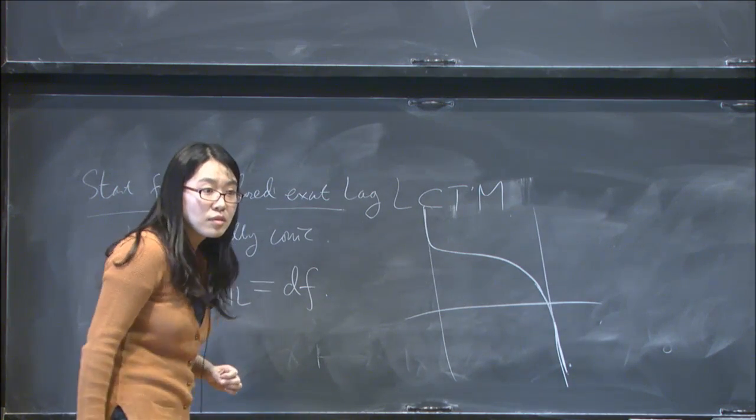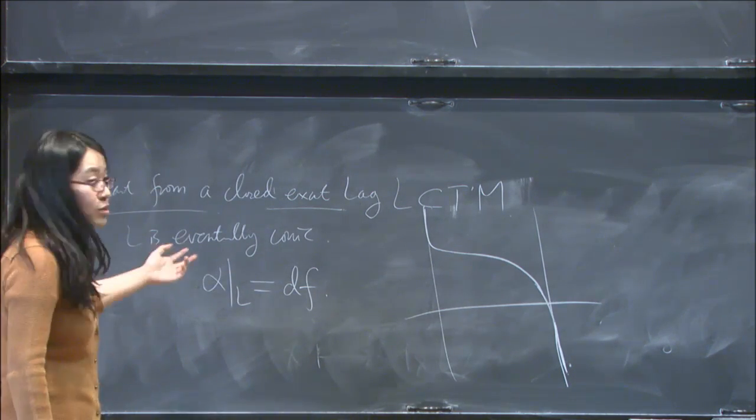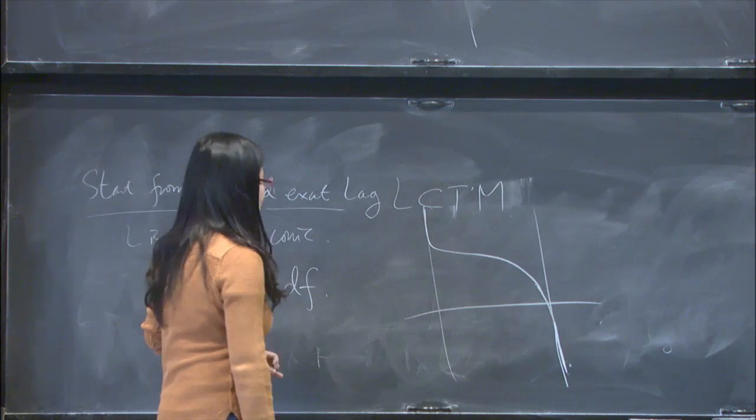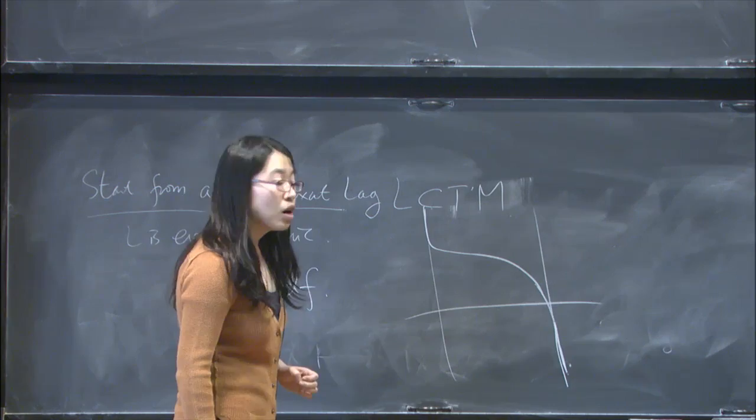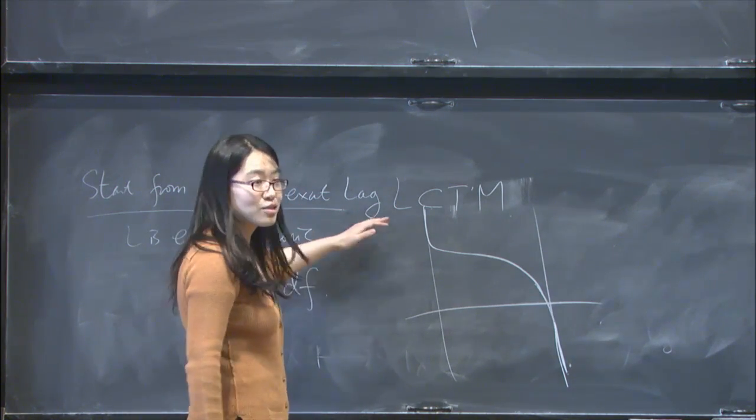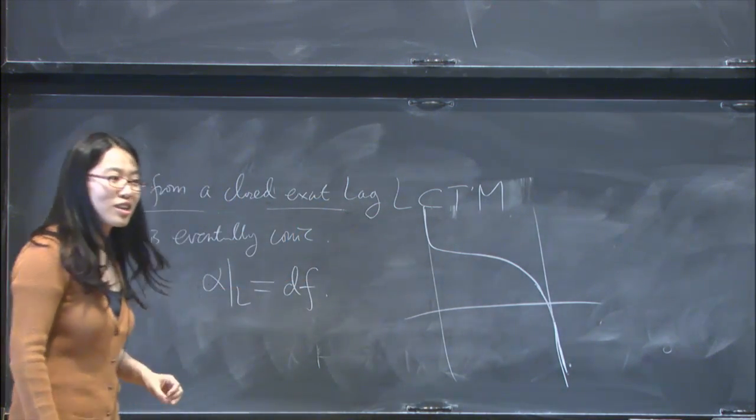L could be compact, for instance, yes. Any closed exact Lagrangian works; we will see brane obstructions later.